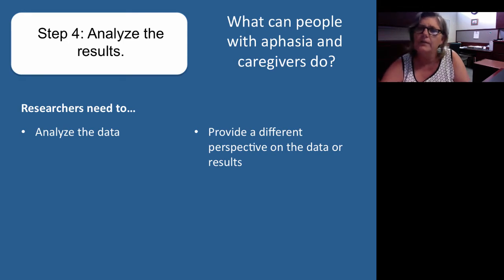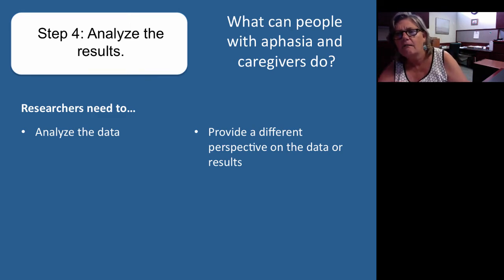You could listen to the kinds of results that the researcher got and maybe give a different perspective on what the results say, or ask the researcher questions that might help the researcher think about their results in different ways.